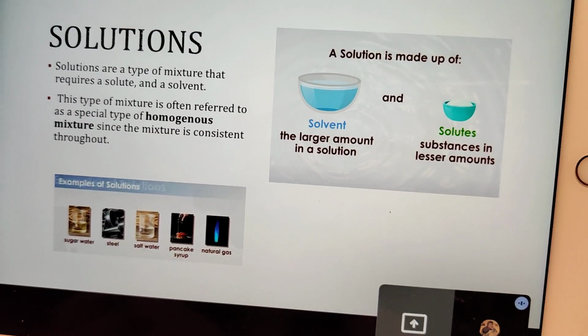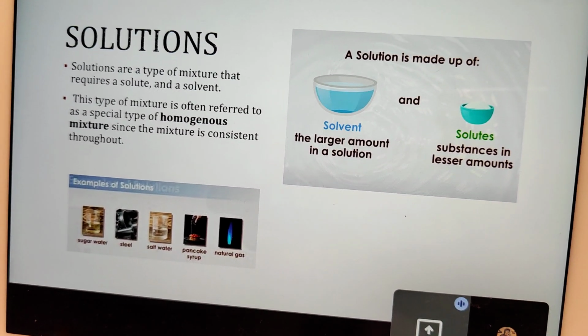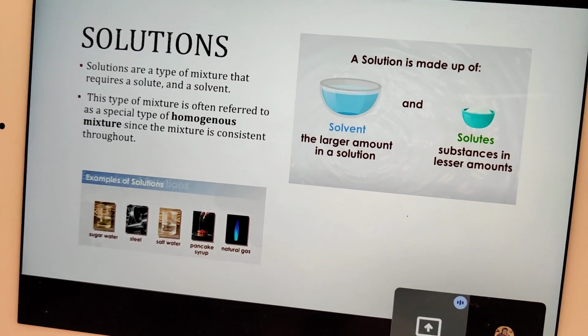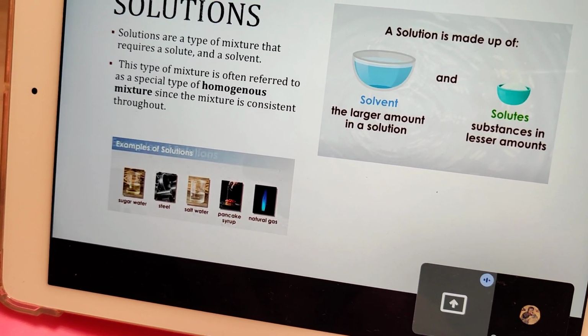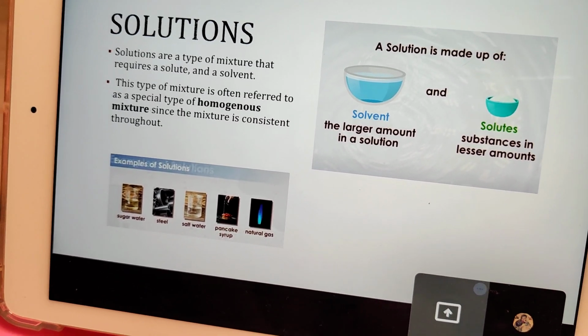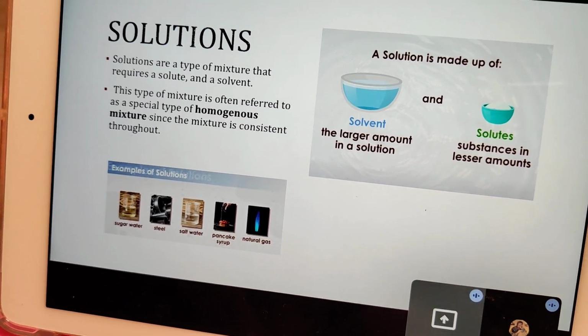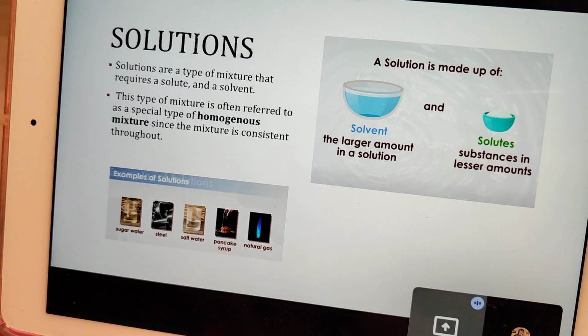Okay. Solutions. Solutions are a type of mixture that requires a solute and a solvent. So a solution is a special homogeneous mixture. It's also called a homogeneous mixture, but there is a little difference.